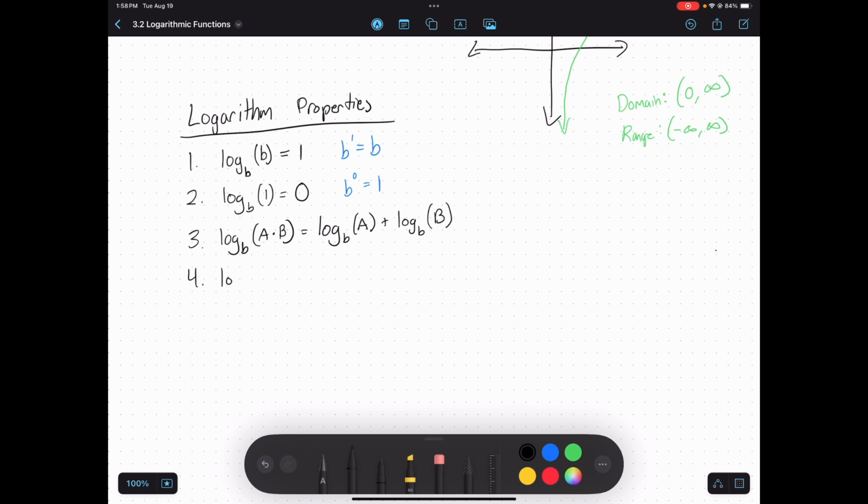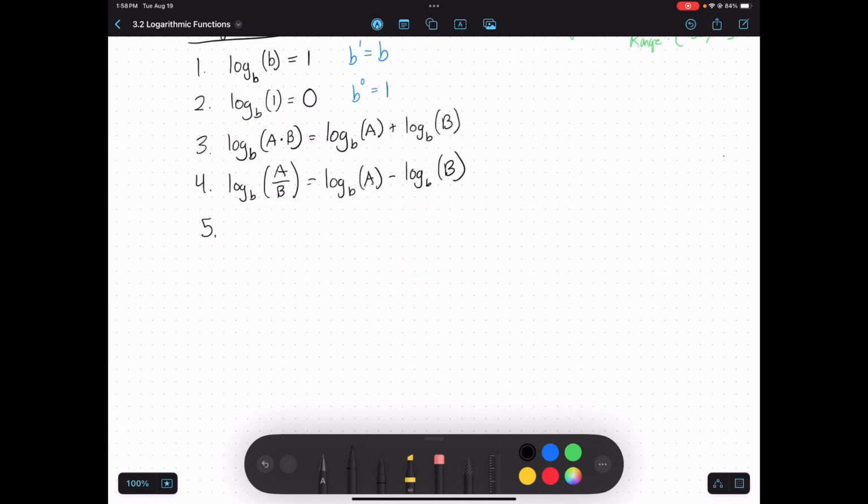Similarly, if you have log base lowercase b of two numbers that are being divided by each other, you can actually split this up into two different logarithms that are being subtracted. The next property is really closely related to property number 3. What happens if I have a logarithm with base b of a value that's being raised to a power? So we'll say a to the n.